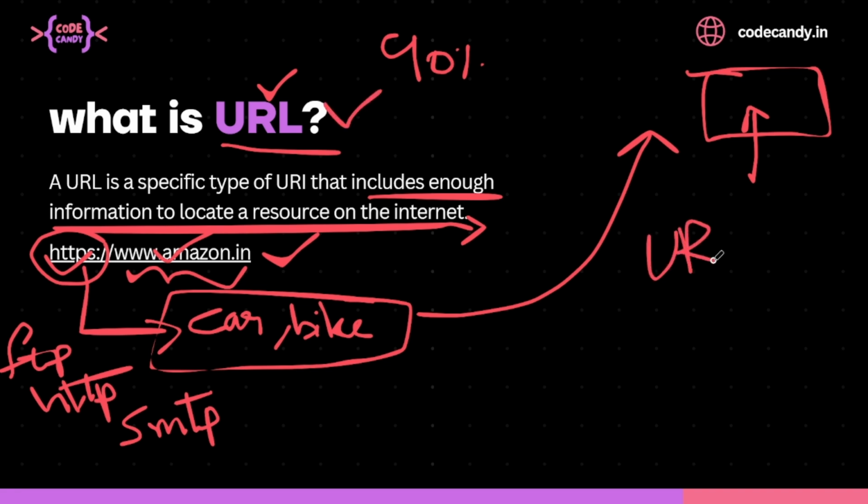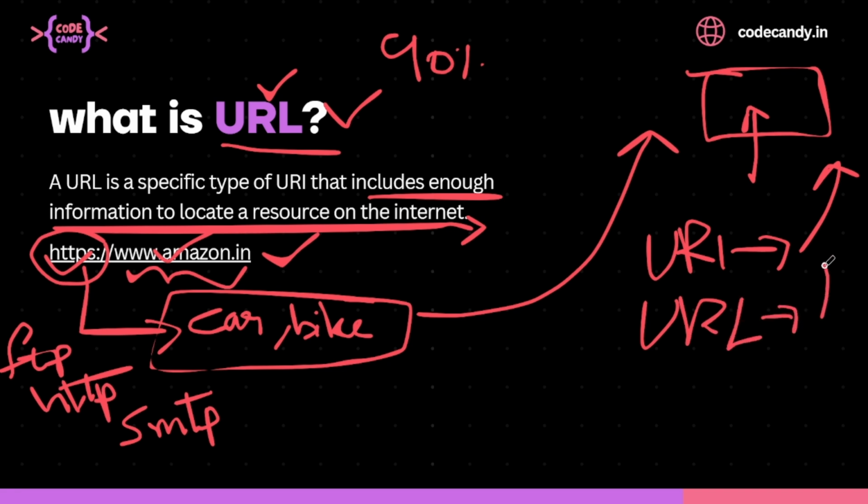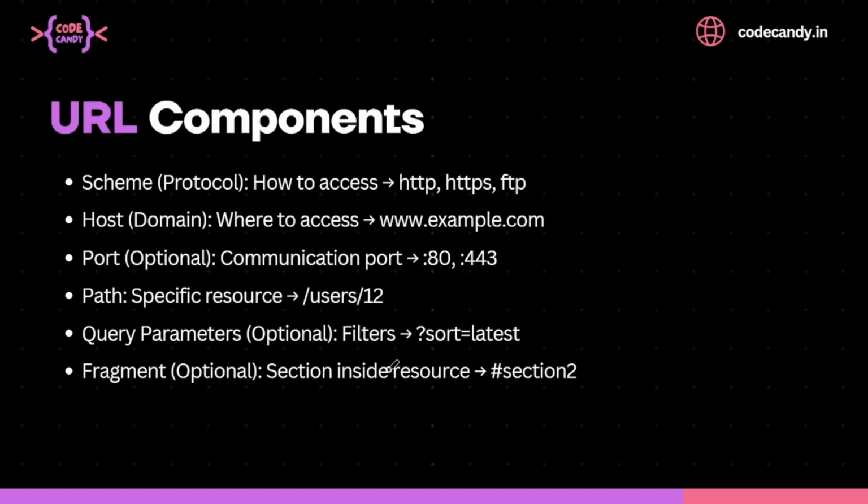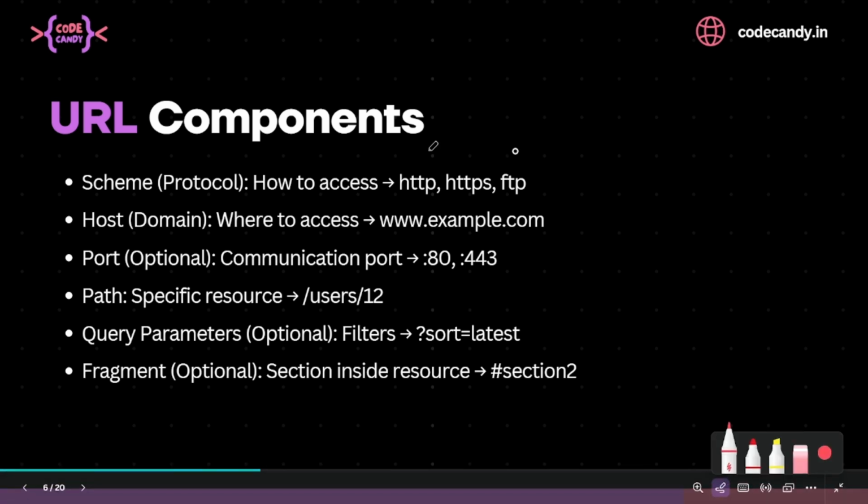URI is like an identifier. I know Anupriya. URL means I know where Anupriya is located so that I can visit her. Okay. Now that we know what a URL is, we will discuss the components of a URL.